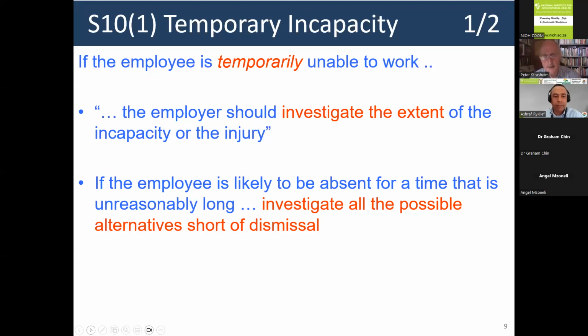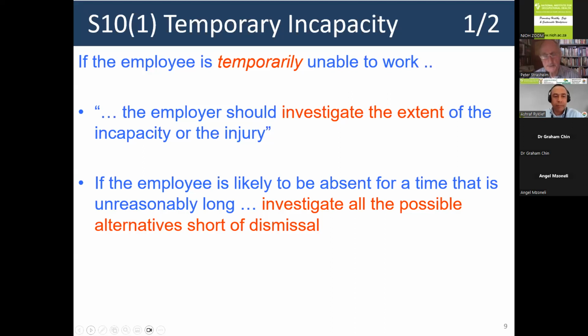And then, crucially, absolutely vitally, if the employee is likely to be absent for a time that is unreasonably long, and in COVID that in many cases turned out to be the case, the employer is required to investigate all the possible alternatives short of dismissal.